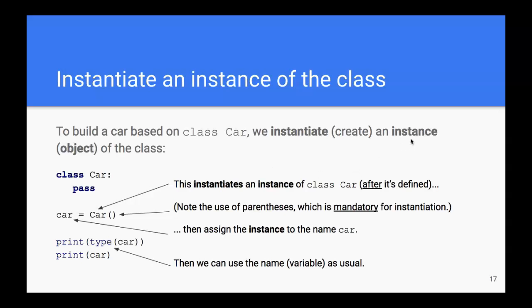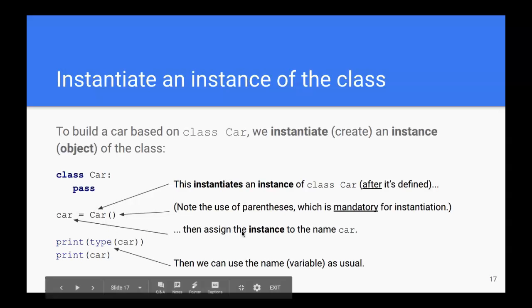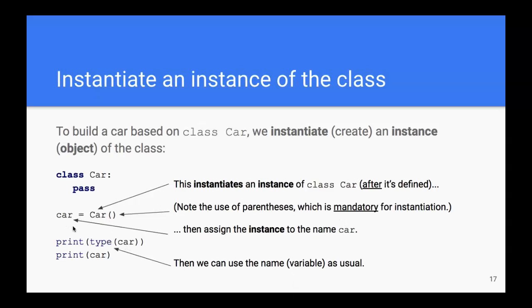So this Car parentheses instantiates an instance of the class, and again, remember to use parentheses. Don't just say Car all by itself, even though that is valid syntax, because that's definitely most of the time not what you want. Then we assign this instance to the variable car, and we can use this variable as usual.